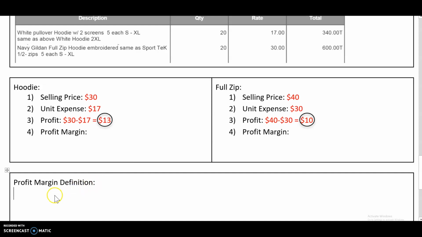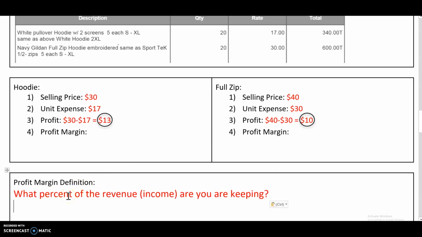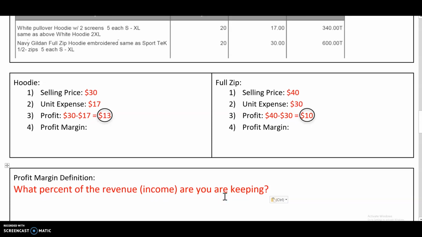By definition, the profit margin answers what percent of the revenue you are keeping. Revenue, again, is income. We're looking for what portion of that income you are keeping. For example, if I start a dog walking business, and the owner gives me all the supplies, I don't have to buy anything, my profit margin would be 100% because I'm keeping 100% of the income that I bring in.